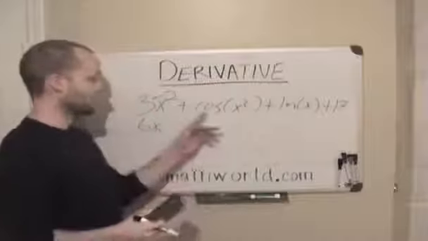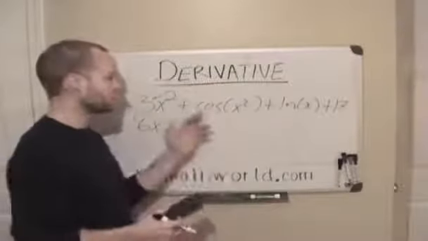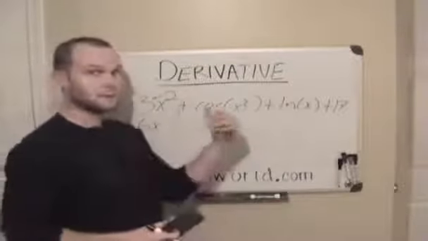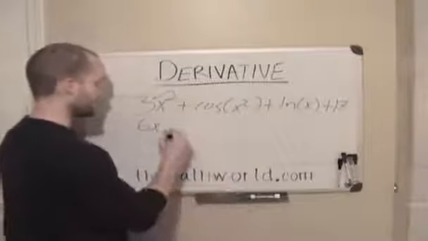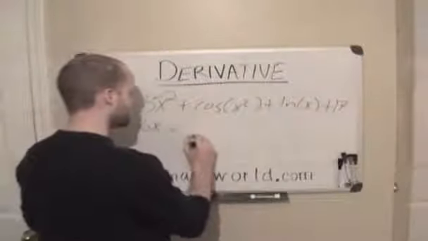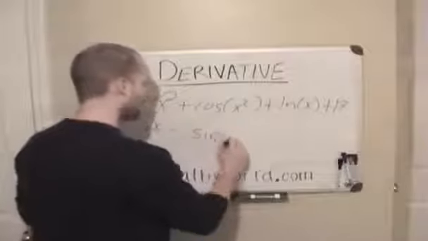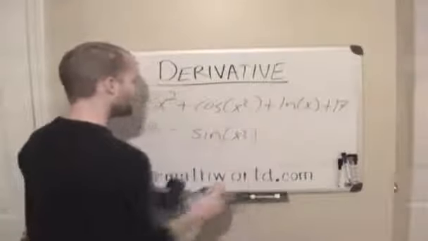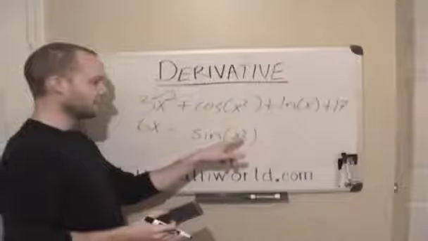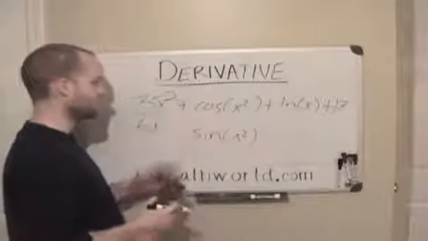Next thing we need to do is cosine, and the derivative of cosine is negative sine, so remember that. So we have negative sine, and we have this x squared in here, and we have to do the same thing with this as we would out here.